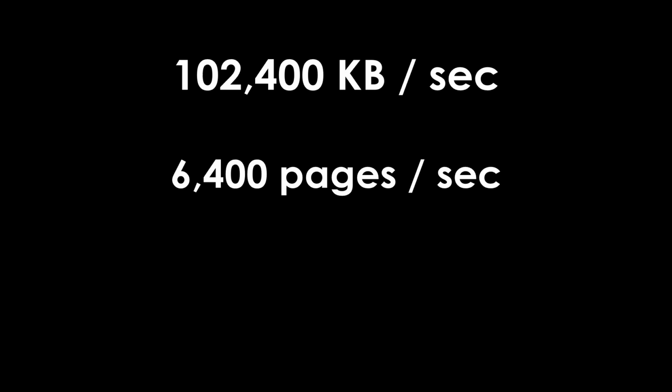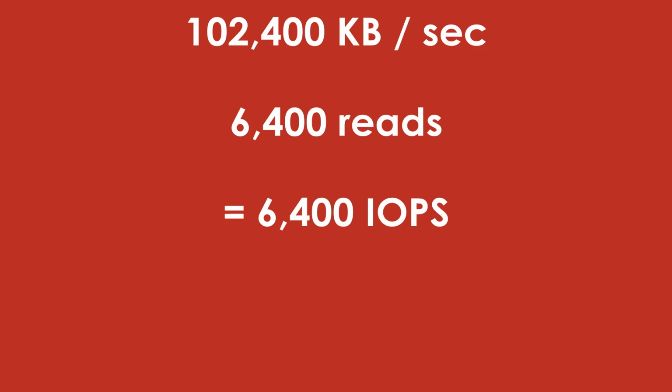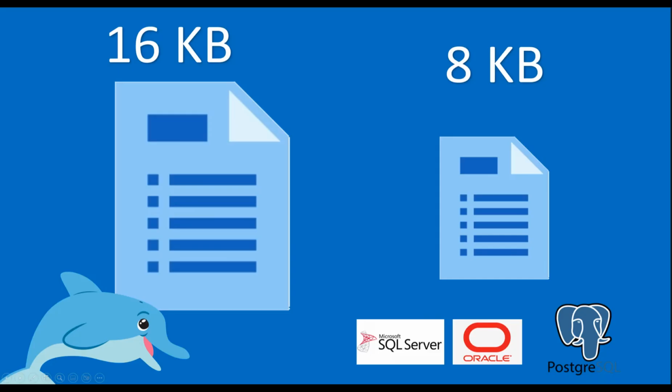Because each page read counts as one I/O operation, your storage and instance class would need to be able to sustain 6,400 IOPS, so 6,400 operations every second. Note the inverse relationship between IOPS and page size. The larger your page size, the fewer IOPS you need to achieve the same level of throughput.